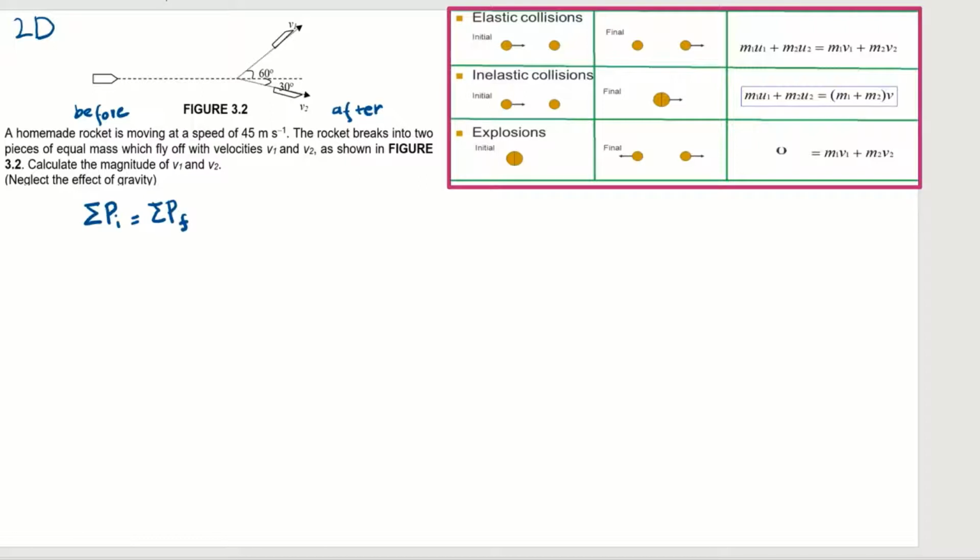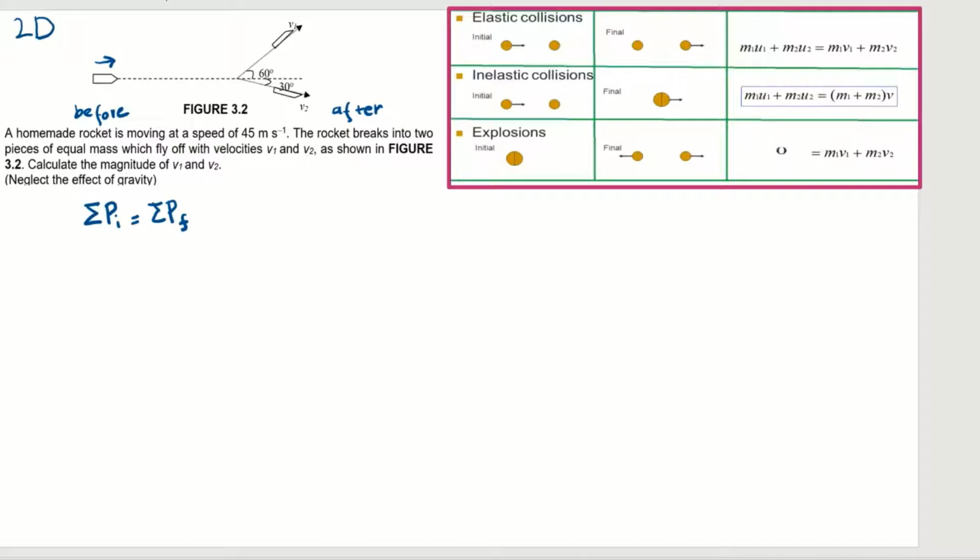But in this question you have two dimensions. Before collision, the object moves to the right, but after collision, the object will split and move in different directions. This velocity can be resolved.